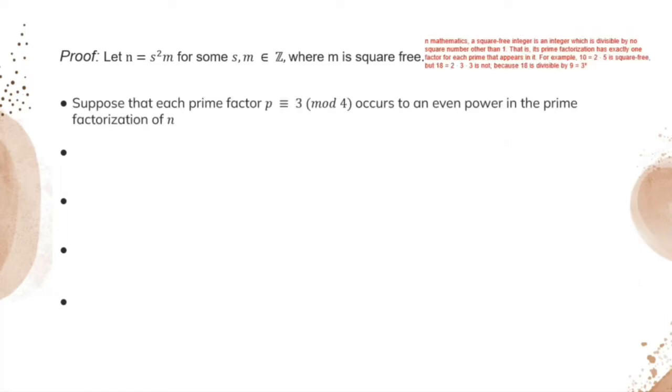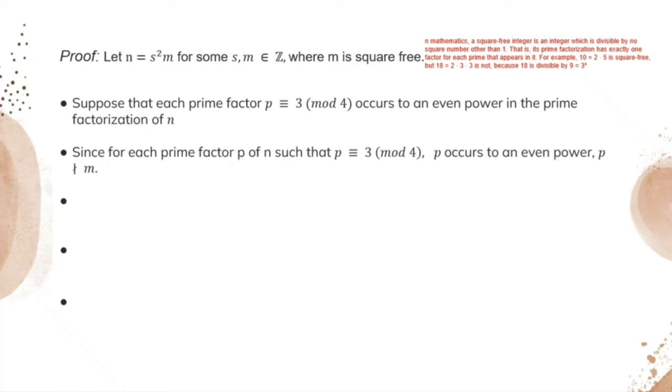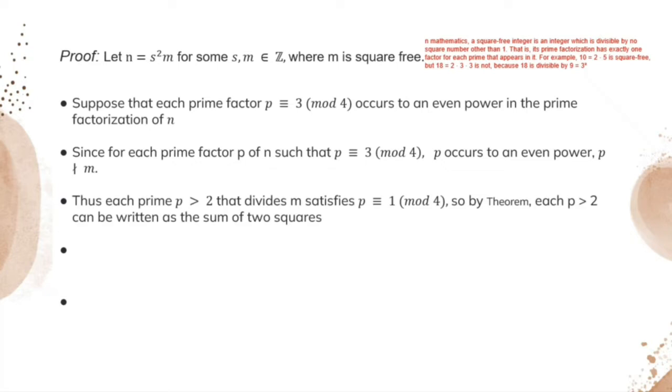Suppose that each prime factor p congruent to 3 modulo 4 occurs to an even power in the prime factorization of m. Then m is not divisible by p. Thus, each prime p greater than 2 that divides m satisfies that p is congruent to 1 modulo 4.